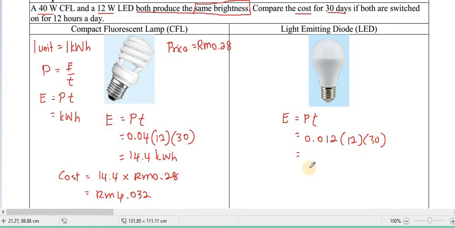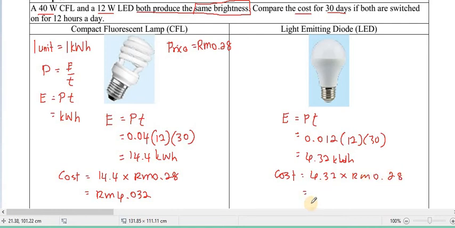So this will be 4.32 kilowatt hour. Okay, 4.32 kilowatt hour. So the cost will be 4.32 units times 28 cents.